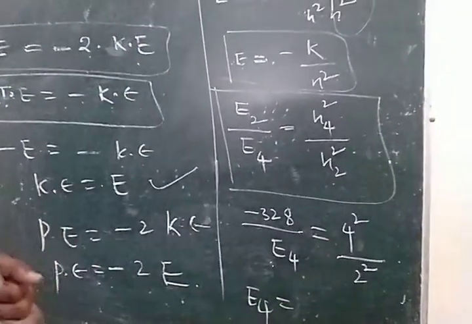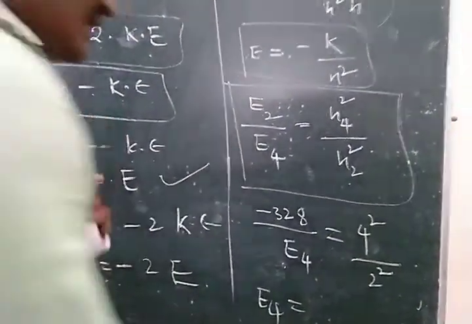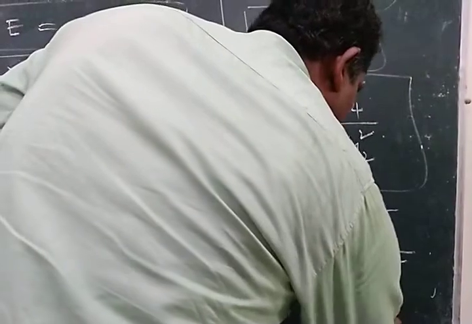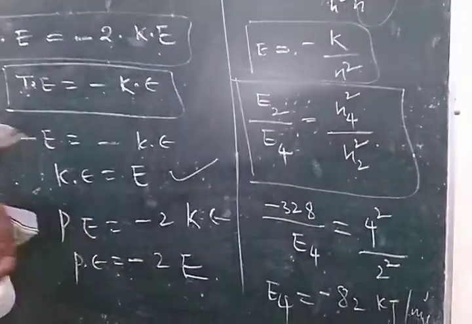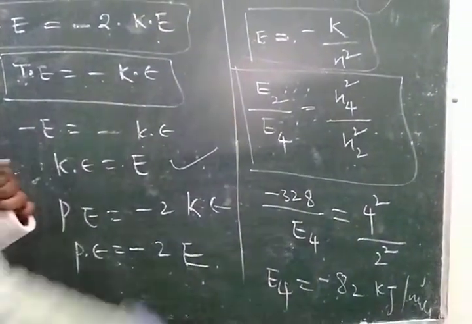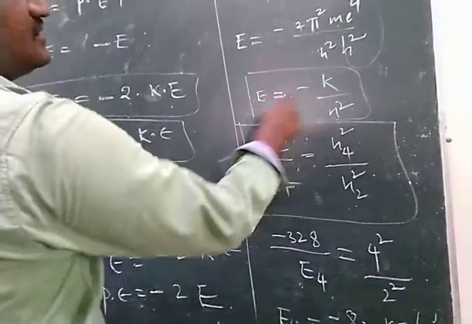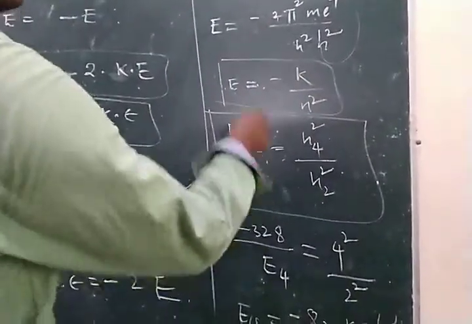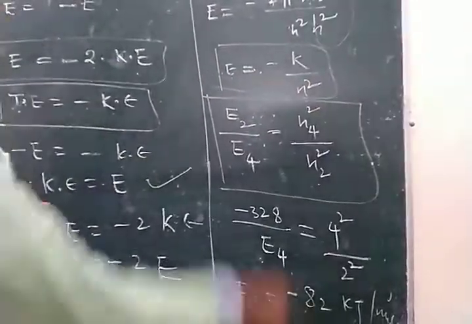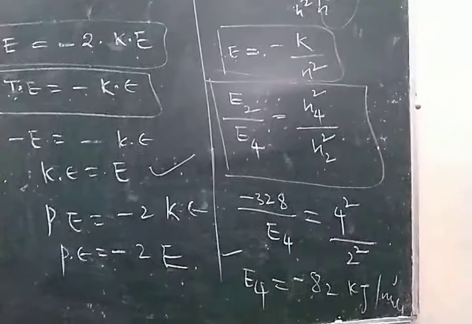If you simplify this value, you get minus 82 kilojoules per mole.